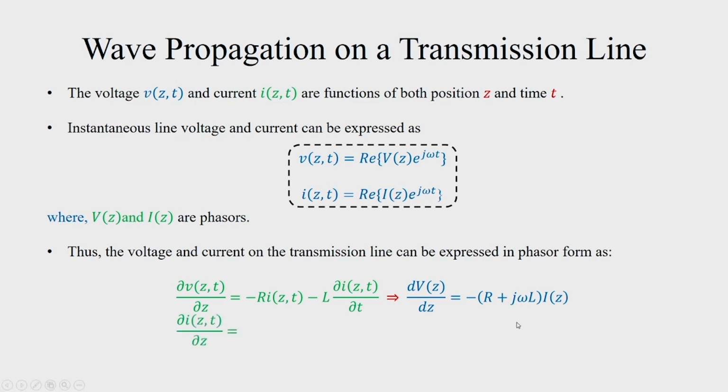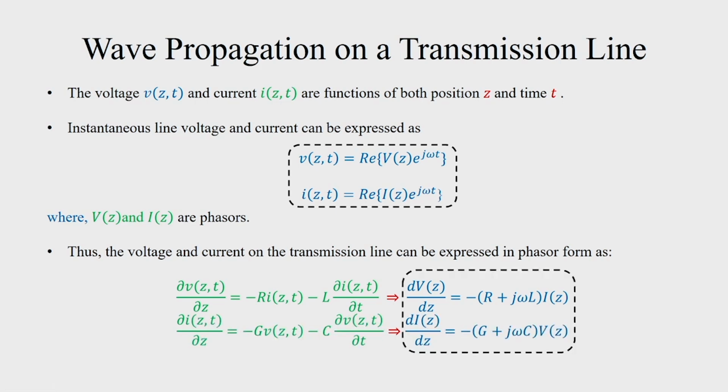So, from these two equations we get the following phasor equations: dV/dz is equal to minus (R plus j omega L) I(z), and dI/dz is equal to minus (G plus j omega C) V(z).